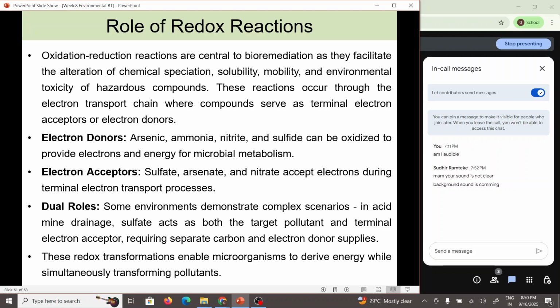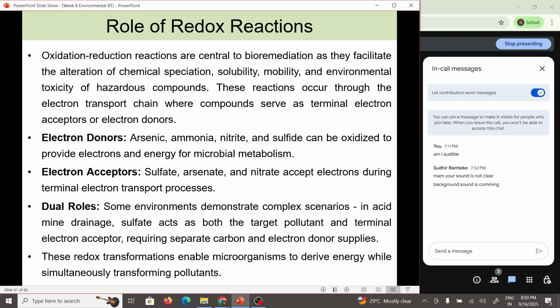The next topic in bioremediation is the role of redox reactions. Redox reactions essentially mean oxidation-reduction reactions, and these are very essential for bioremediation, either for organic pollutants or for inorganic pollutants. Oxidation-reduction reactions facilitate the alteration of chemical speciation, solubility, mobility and environmental toxicity of hazardous compounds.